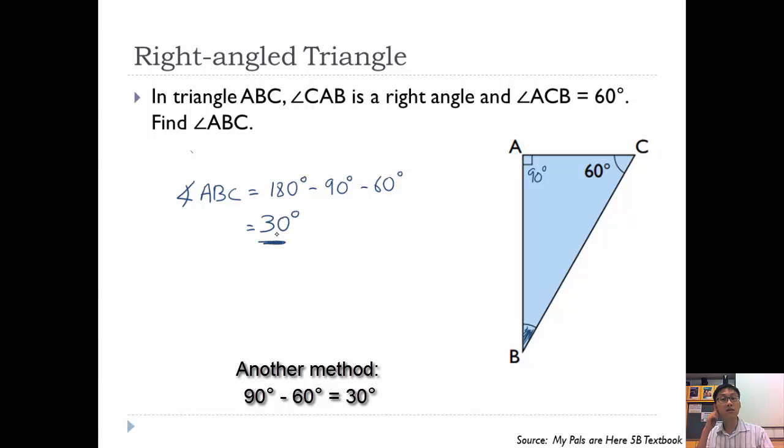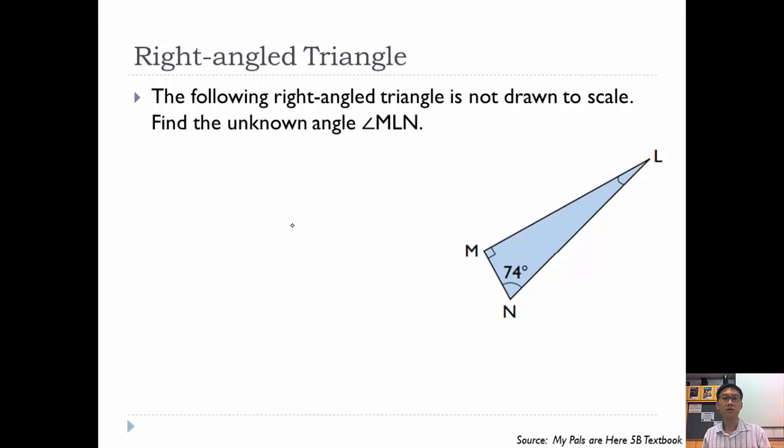So ABC is 30 degrees. It's a very simple concept, just remember the properties. Why don't you give this a try? Take out your video worksheet, write this down, and proceed to find angle MLM, which is this angle. Then we'll come back to class and discuss.